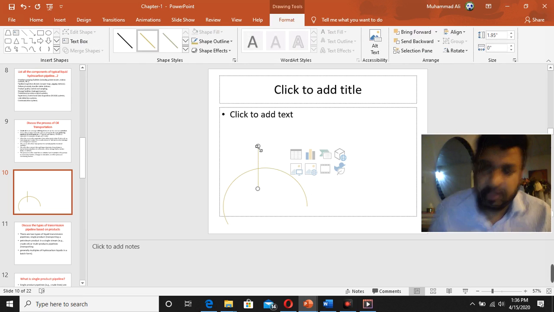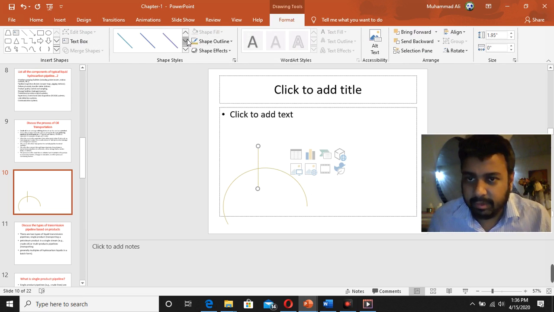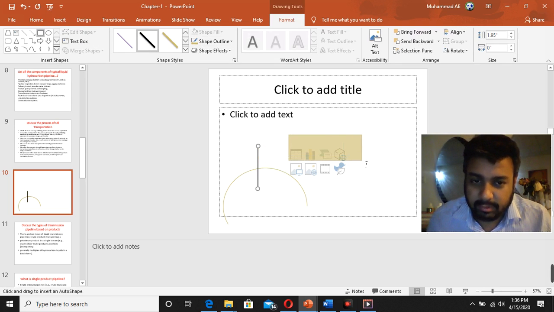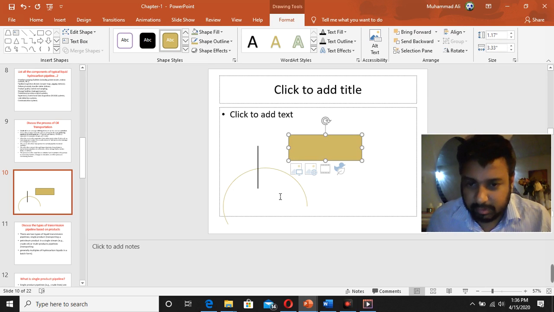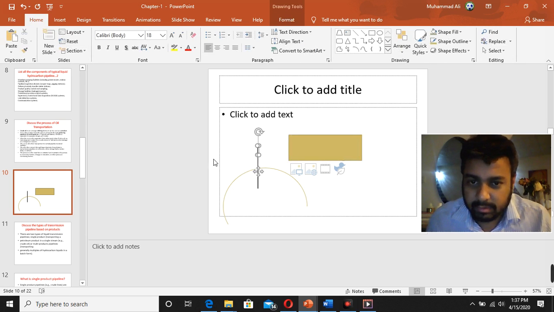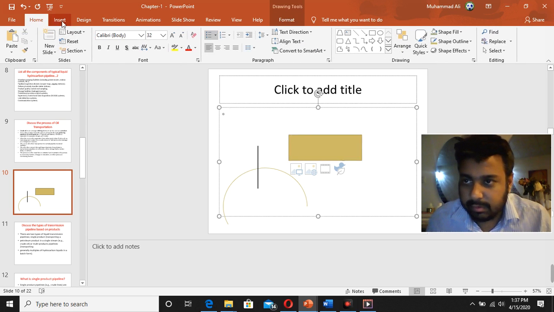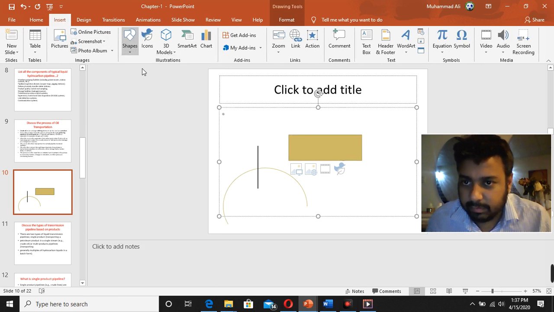Now, the first thing that happens is we have the separators. We install the separators here. So this is the reservoir. This is the well, and from here it goes to the separators.